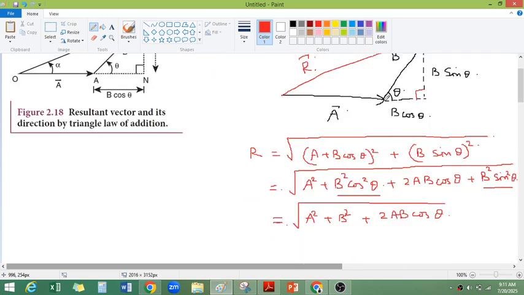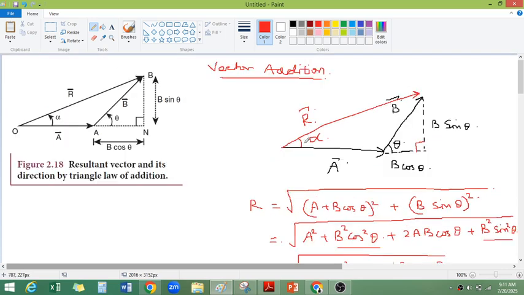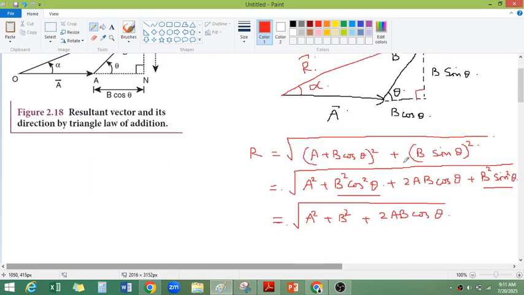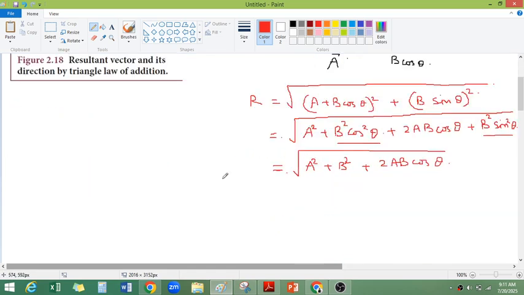Similarly, we have angle also. Vector means we will talk about angle also. So the angle between the resultant and A will be taken as alpha. So if I calculate tan alpha, I will get b sin theta divided by a plus b cos theta.